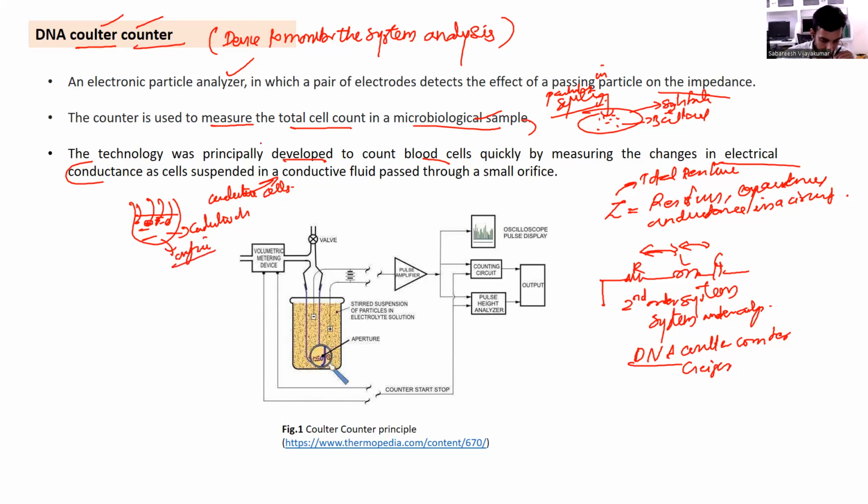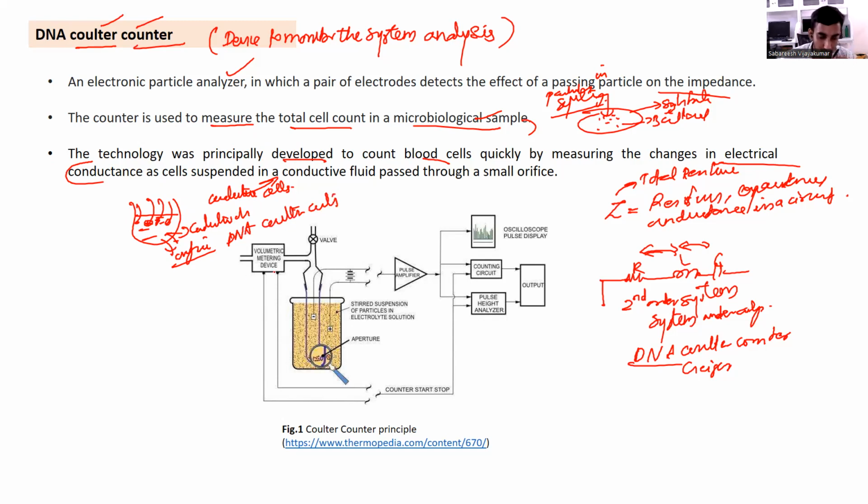There will be a particular rate at which this fluid passes through it, and this fluid contains our particular cells to be analyzed. That will take these particles along with it, and the count can be conveniently measured with the help of this Coulter counter.